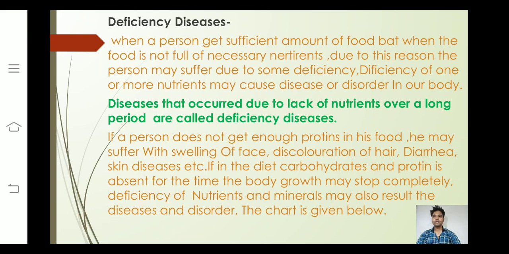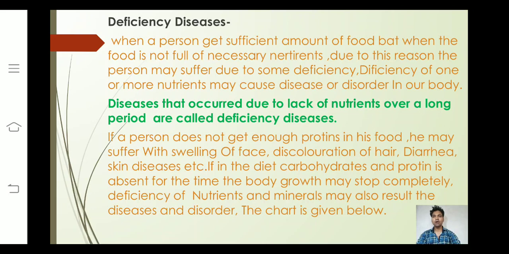Friends, if there is a lack of any vitamin, nutrient, carbohydrate, fat or roughage in our body, we may suffer some deficiency, and due to this deficiency we may get some diseases. When a person gets a sufficient amount of food, but the food is not full of necessary nutrients, due to this reason the person may suffer some deficiency.